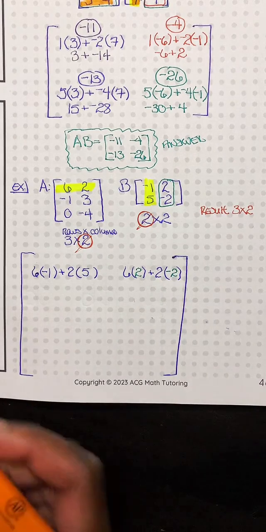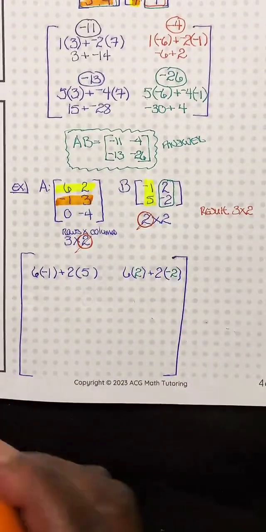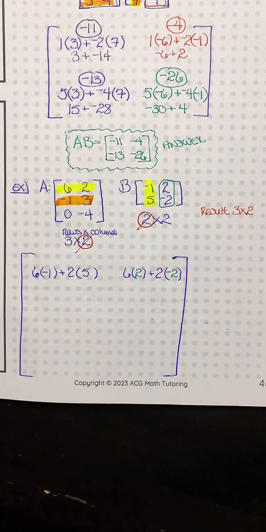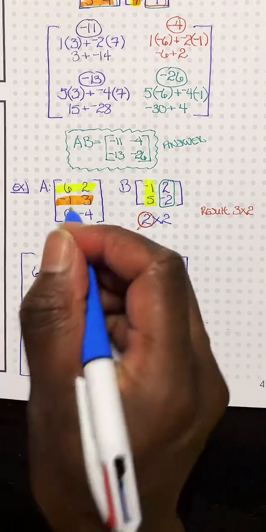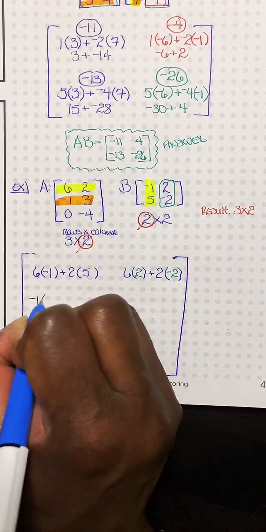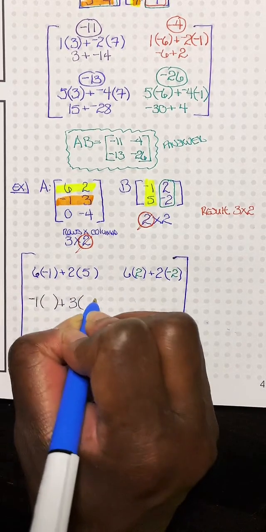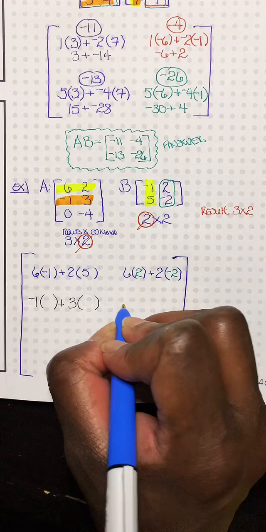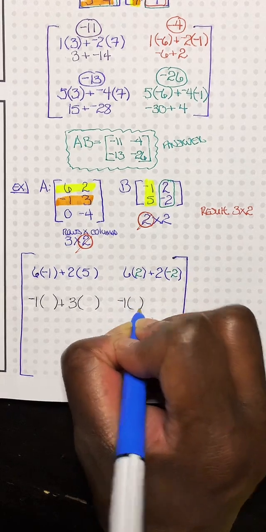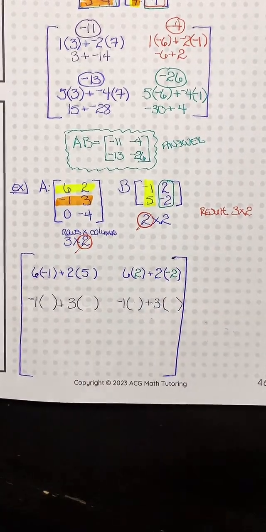Now we're looking at the second row. For the second row, I'm going to have my -1, parenthesis, plus 3, parenthesis. Then I have my -1, parenthesis, plus 3, parenthesis.